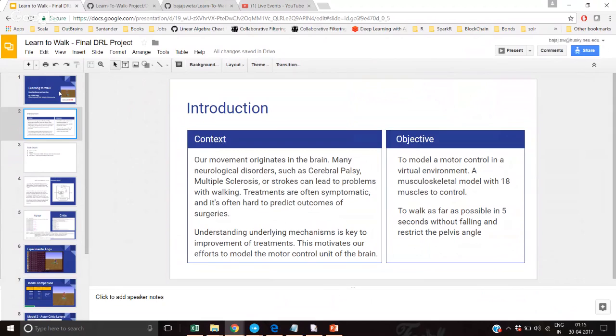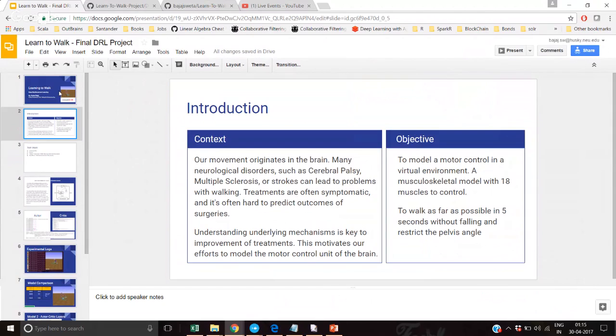The objective here is to make a motor control that would take in observations of the pelvis, head, feet, or other positions, angles, and velocities, and give an output of a musculoskeletal model with 18 muscles to control.